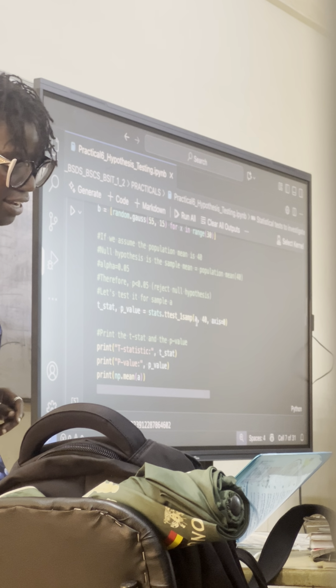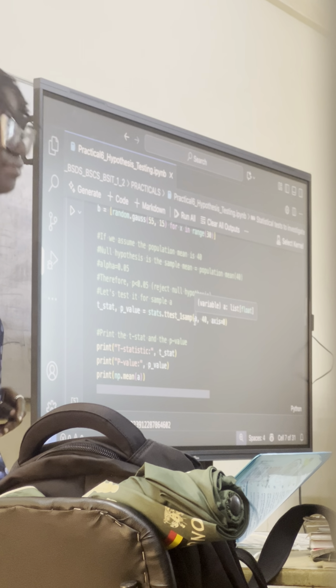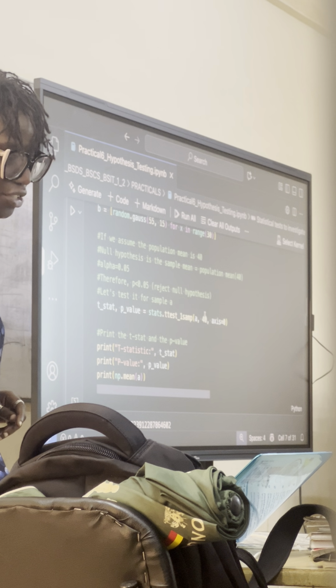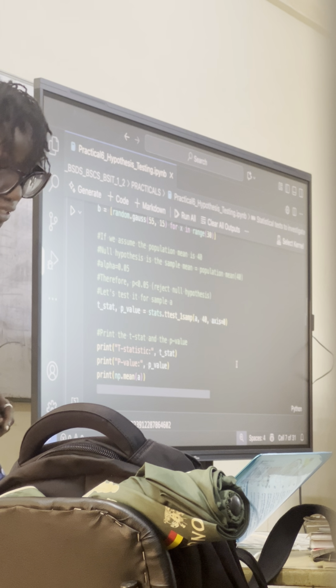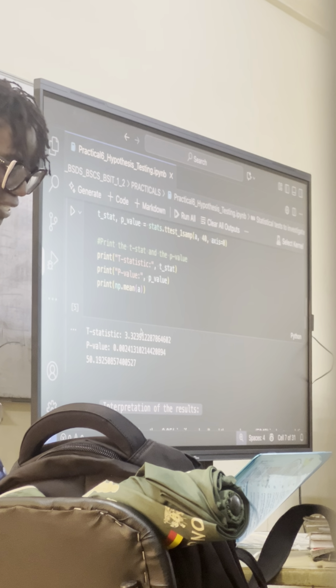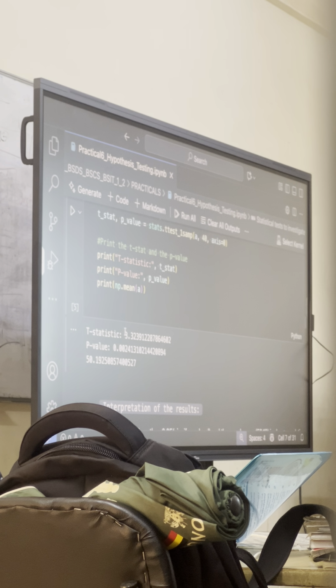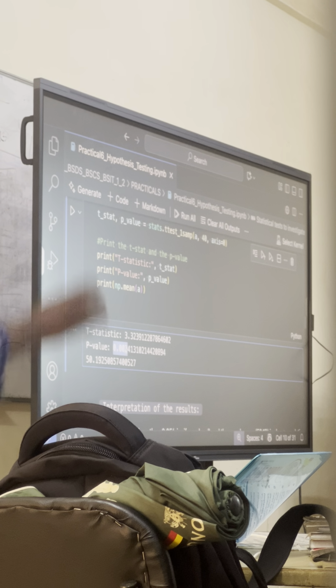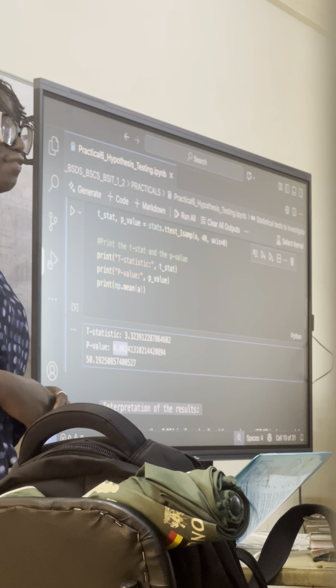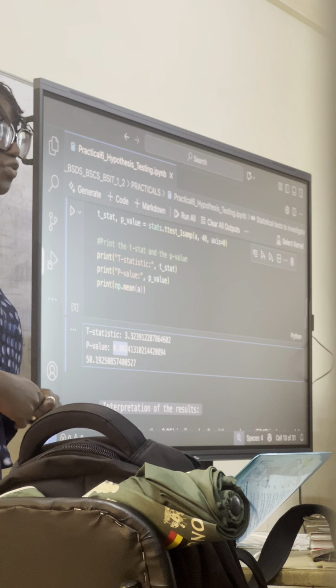We then have our sample A and the population mean, and we generate the output. Once it generates the output, we have our t-statistic as 3.3. Our p-value is 0.002, so it is much, much less than 0.05, or 5%.